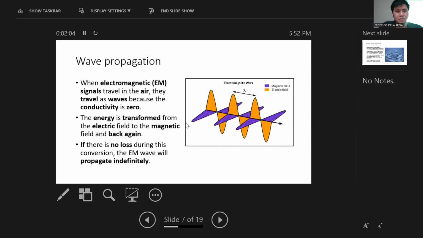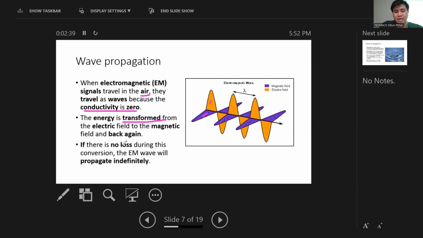And electromagnetic or EM waves, when they travel in air, air has zero conductivity and they can easily travel through air with minimal loss of energy. And whenever EM waves travel, they intermittently flip from an electric field to a magnetic field.